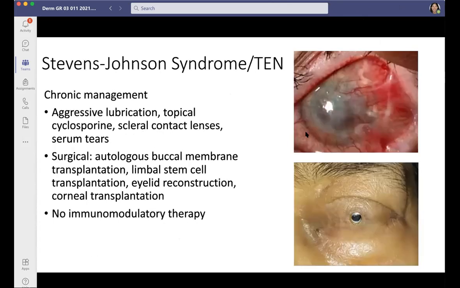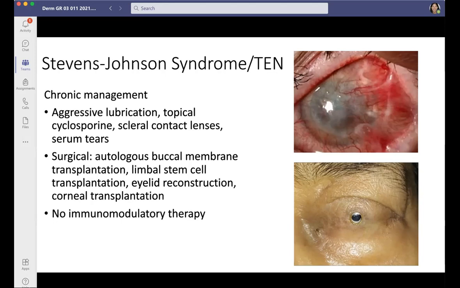Once the acute phase is resolved, we're managing the residual damage to the ocular surface. This often involves continued aggressive lubrication. Typically, the patients really don't make adequate tears anymore because so much of the eye surface has been destroyed. There's typically topical cyclosporin.